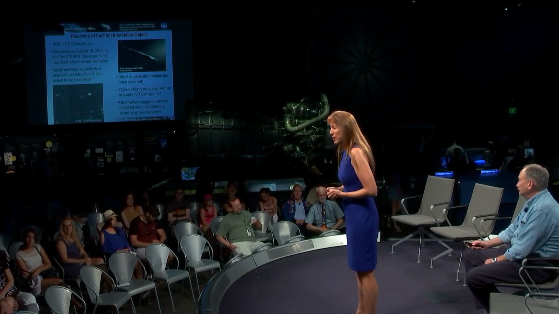One of the surveys funded by NASA that I mentioned earlier, the Pan-STARRS survey, as part of its normal survey operations looking for near-Earth asteroids and comets in the sky, discovered something that had very interesting motion, not quite what was expected.